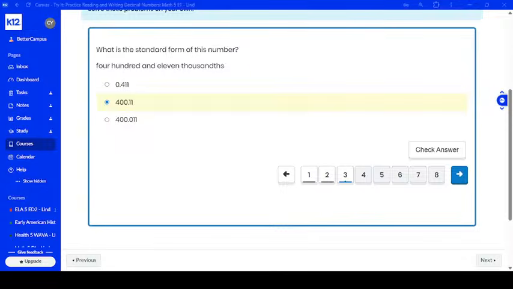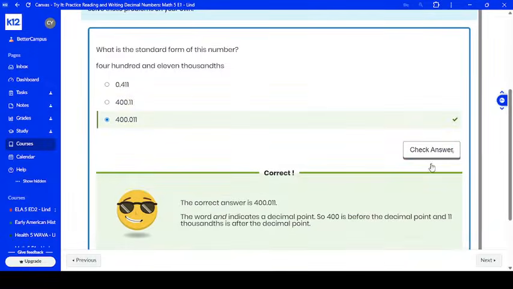The answer is actually C. You're doing very well. I cannot believe how smart you are. C is the correct answer.